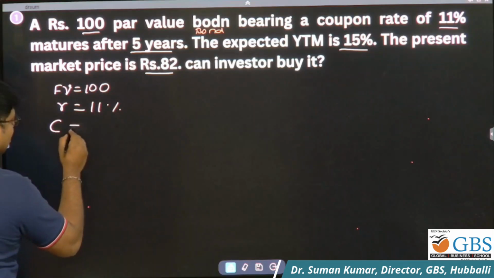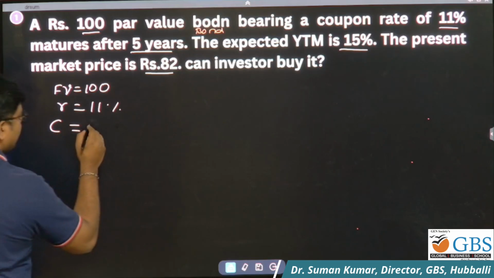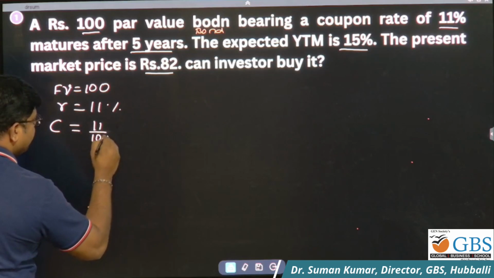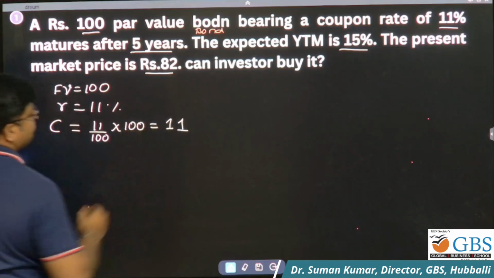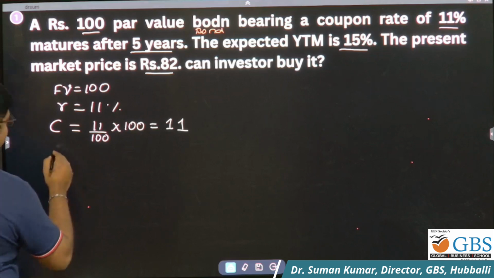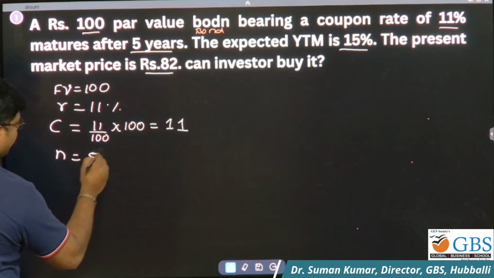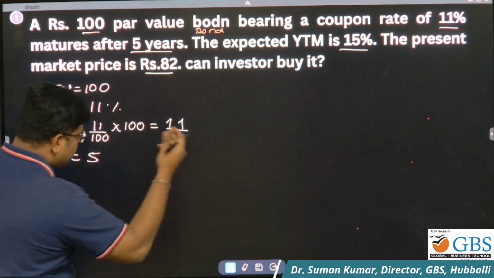Then the coupon amount will be 11 by 100 into 100, that is 11 rupees. The maturity period, that is N, is equal to 5 years. So we'll use the formula.